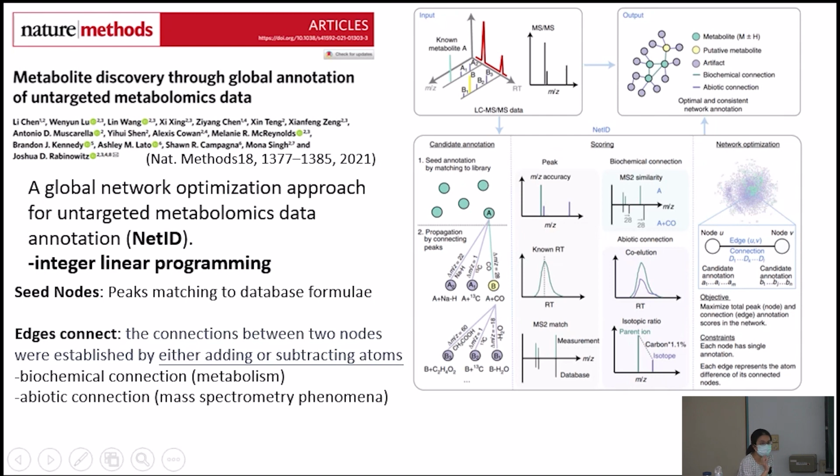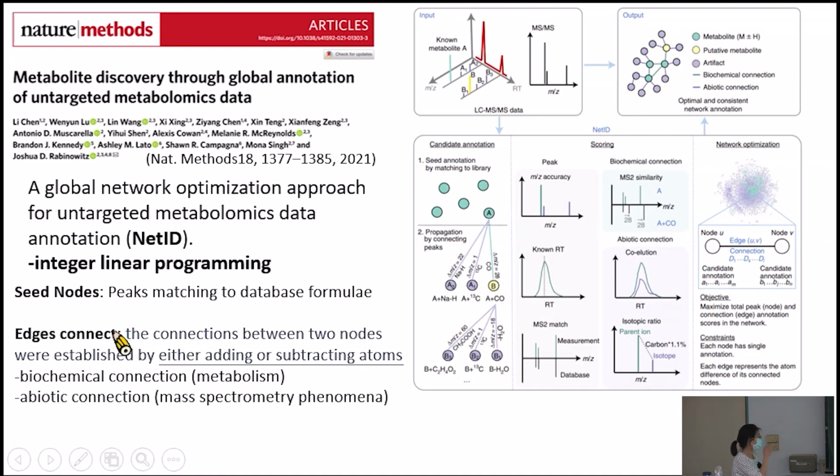And then using these algorithms, they define each of the peaks from your mass spectrum data, and then they define each of the peaks as a node. In addition, except for this node, they also defined the connection between two nodes. Okay, so we call the connection between these two nodes an edge connection.